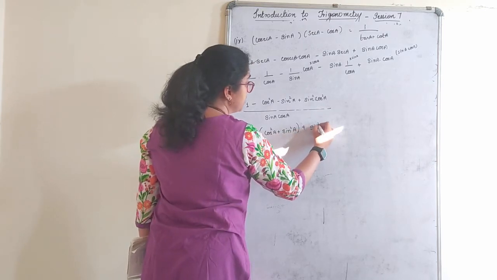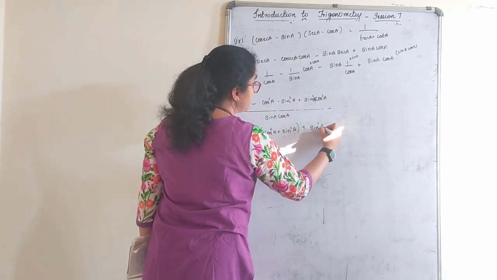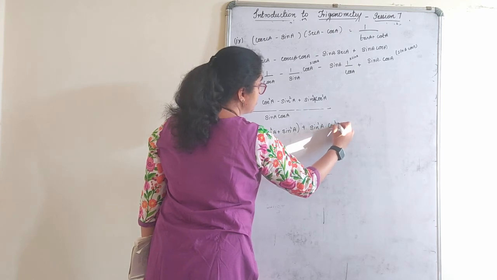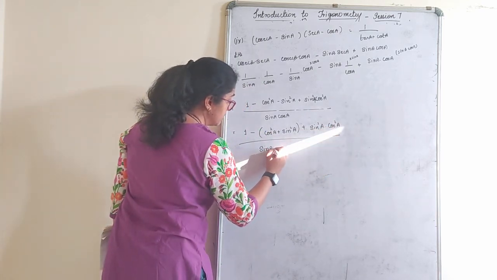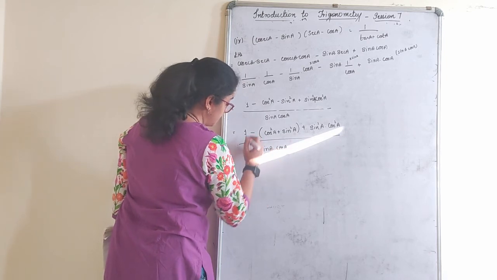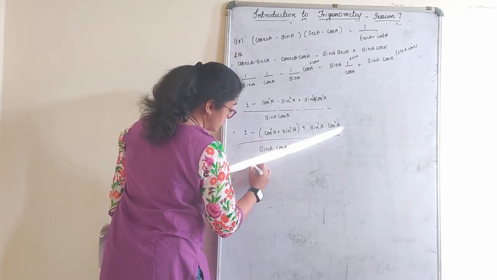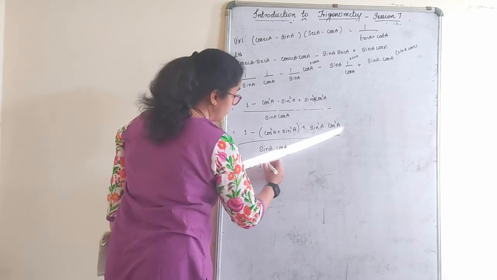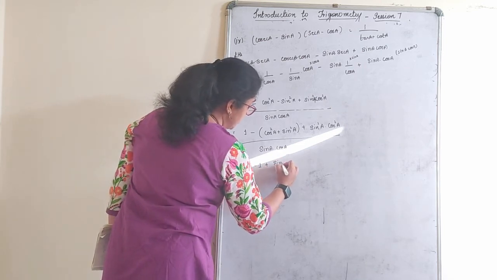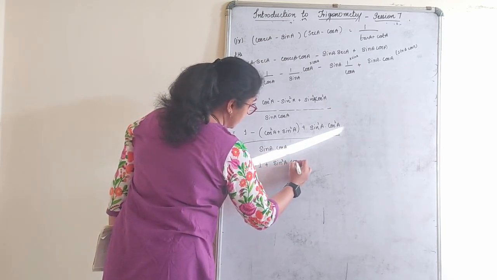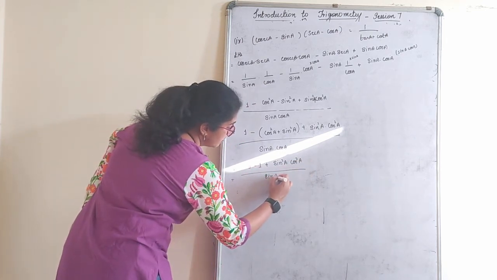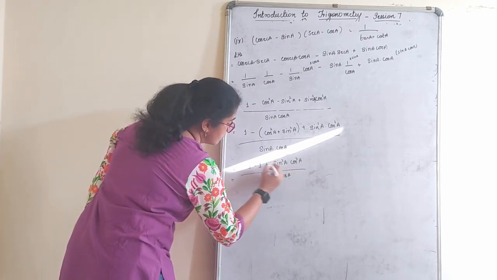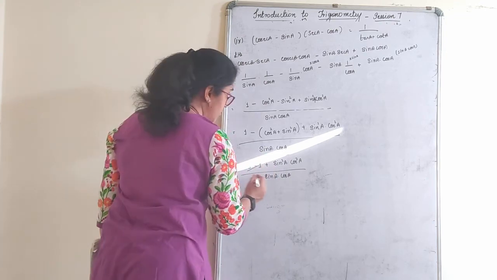Plus sin square A into cos square A divided by sin A into cos A. What is sin square and cos square? 1 minus 1 plus sin square A into cos square A. This is 0.